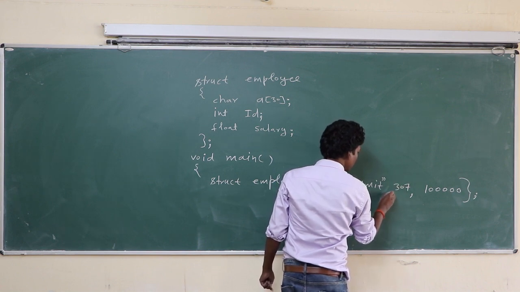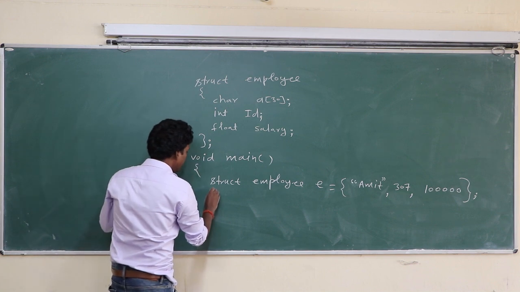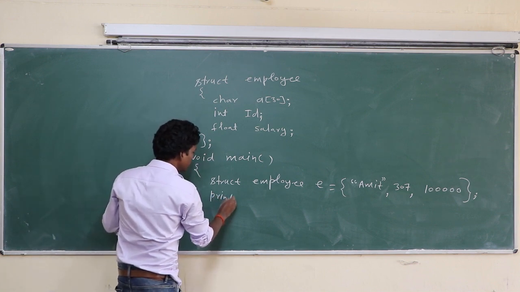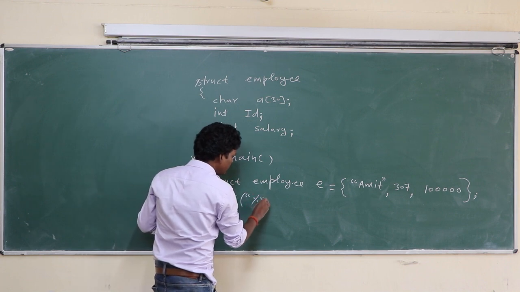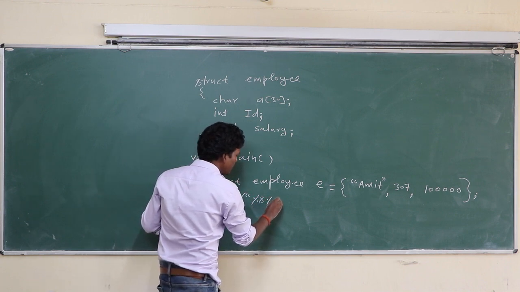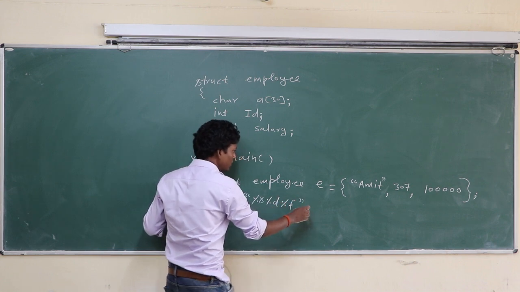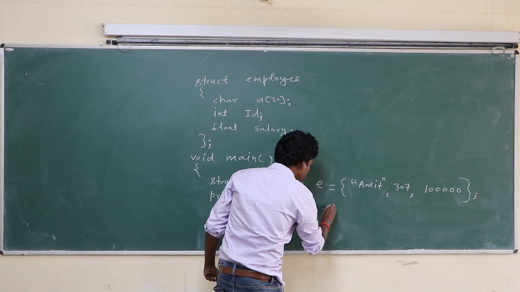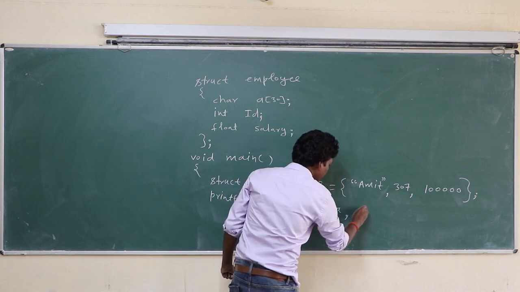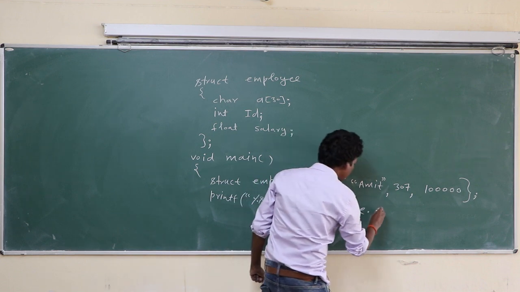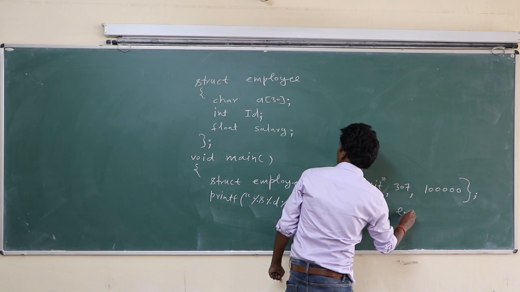Class, printf: %s for name, %d for id, %f for salary. So here e dot a, here e dot id, here e dot salary.